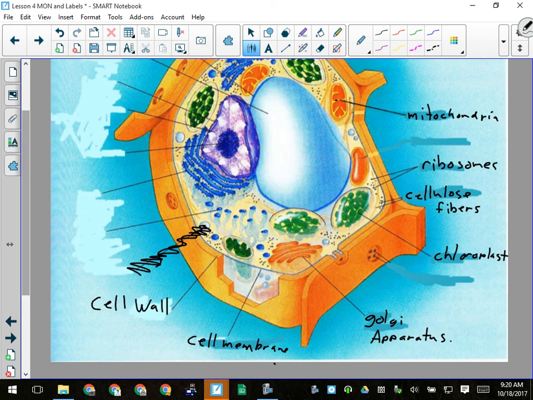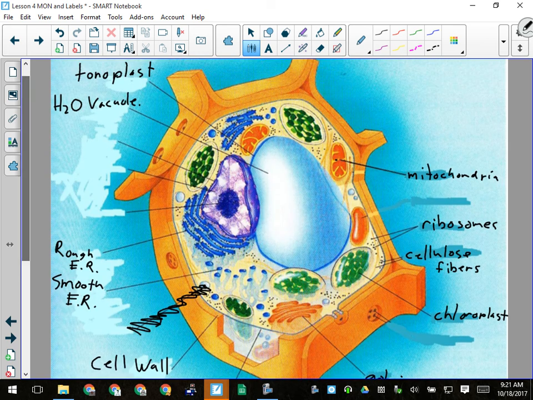Okay, what's this stuff? Smooth ER, right? And then above that, the rough ER. They still do all the same jobs as they did in the animal cell. Purple dot in the middle, nucleolus.